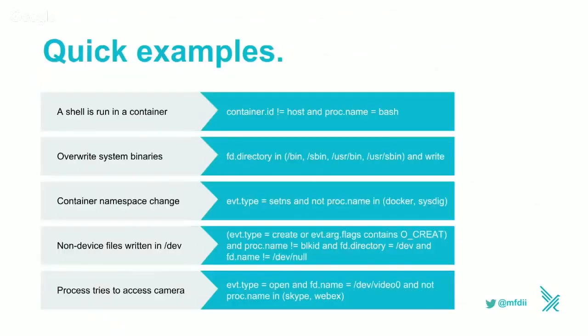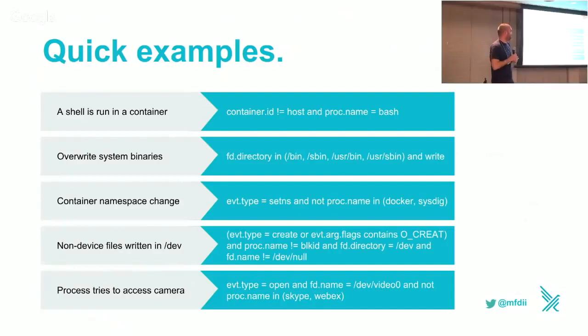So some quick examples, and sorry, this color scheme doesn't work very well. The first one is container.id does not equal host, so basically I'm running inside of a container, and proc.name equals bash. So somebody's running bash inside of a container. Somebody's overwritten system binaries.